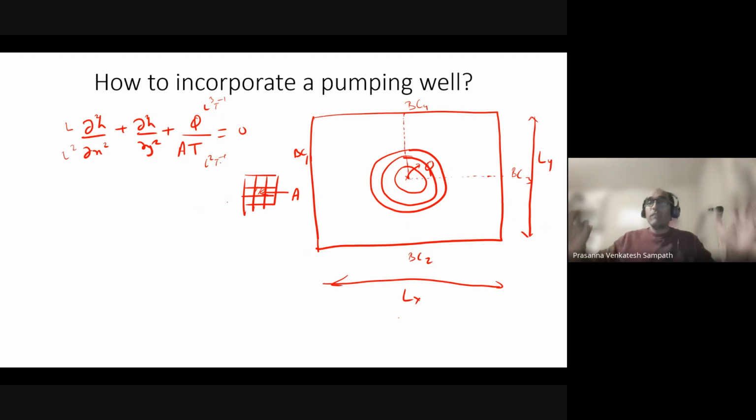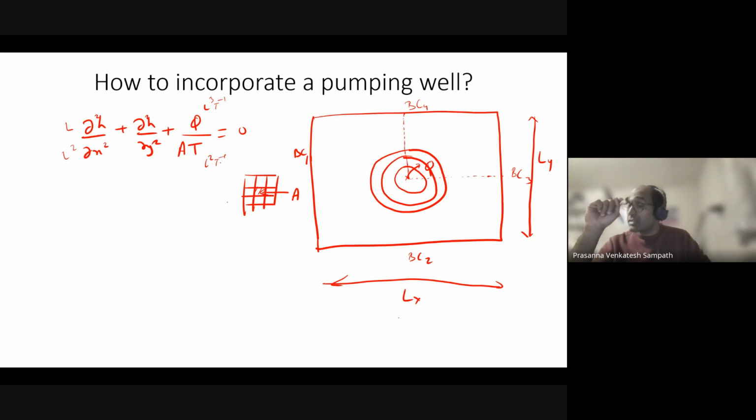So instead of solving a problem of size Lx by Ly, I'm solving a problem of size Lx/2 by Ly/2. Is that not numerically a smarter way of solving it? Of course, I have to clarify one point.